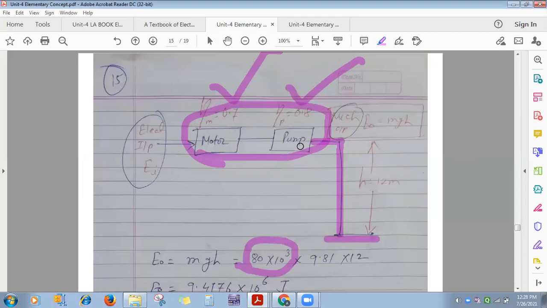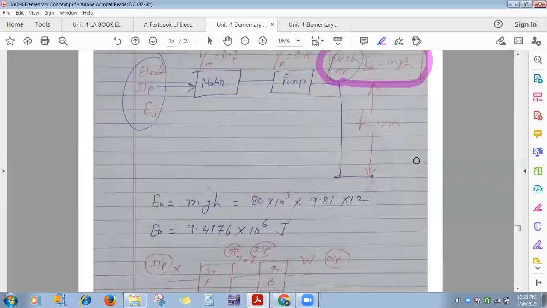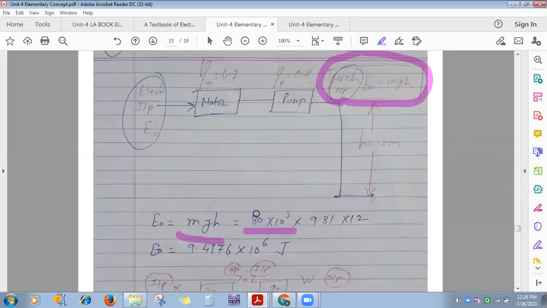So whatever the mechanical output of this motor pump assembly, we can calculate it using the formula mgh. Mass is given as 80 meter cube. Whenever I use the formula mgh, mass must be in kg. So how can we convert meter cube into kg? 1 meter cube is equal to 10 to the power 3 kg, isn't it? So 80 meter cube into 10 to the power 3 will be in kg, and g is 9.81 and height is 12. Like this, you can calculate the mechanical output.